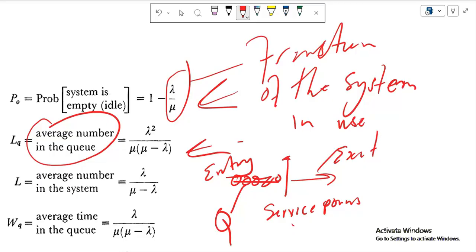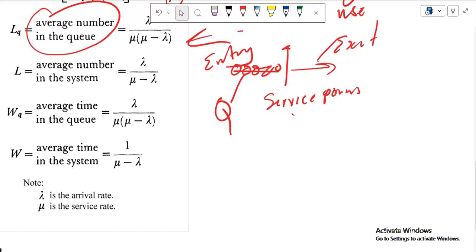But if you are dealing with the average number in the system, you are combining everything from the queue to the service point. Those that are being served and those that are in the queue combined is what that implies. Then you go to average time in a system, average time in a queue, and so on.